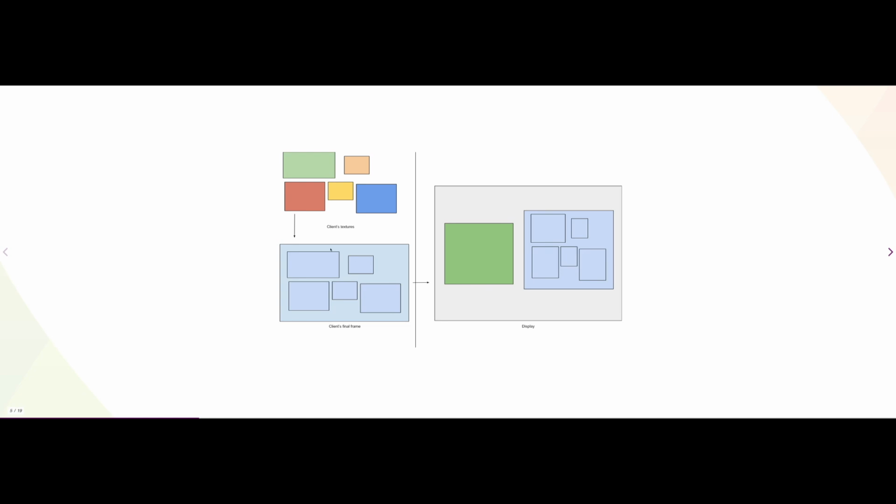So this big blue rectangle on the left bottom corner. Then the frame data is sent over to a system compositor, which does final compositing. It may also have frames from other clients, or it may need to draw some system UI.